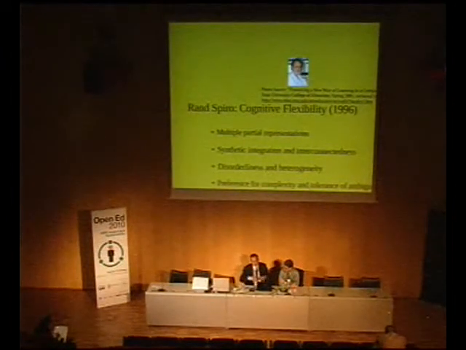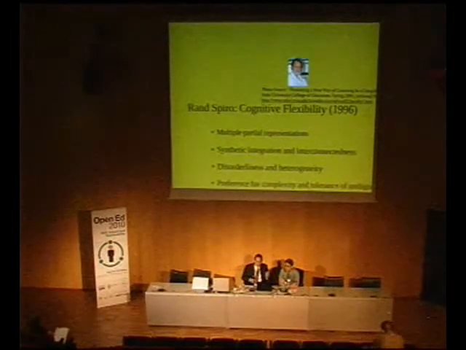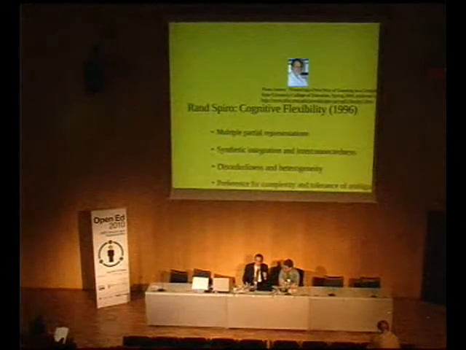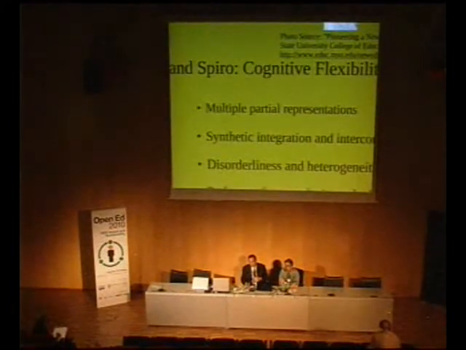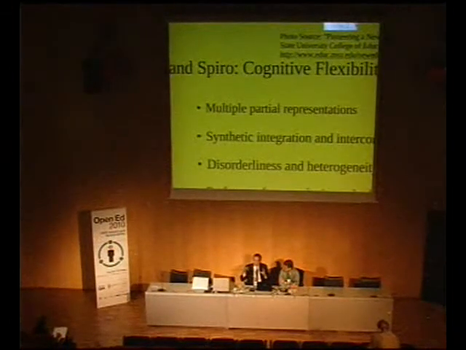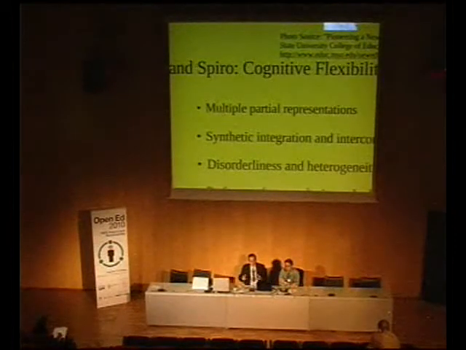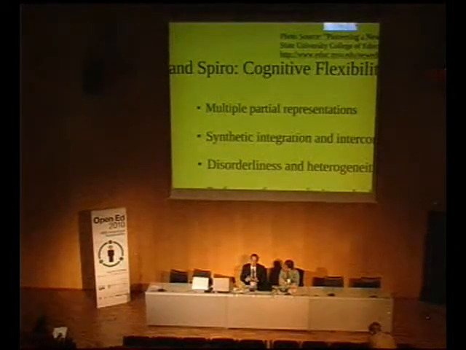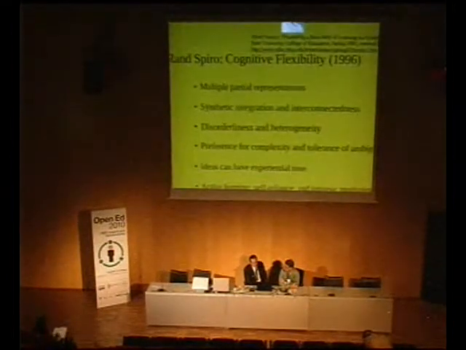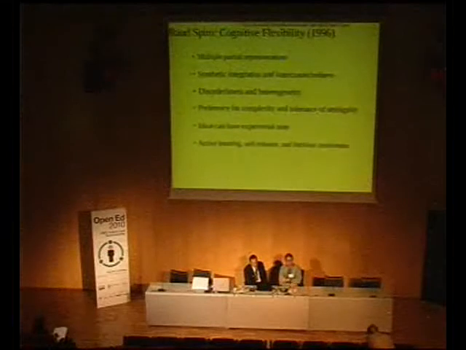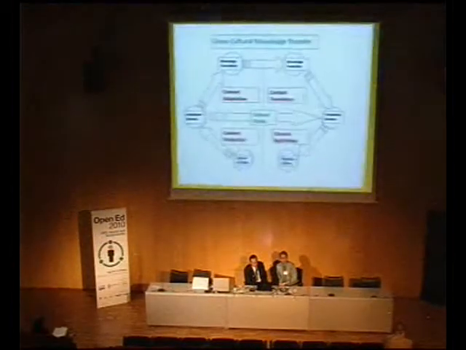So as we elaborate this model, we're going to take these concepts that Rand Spiro created of cognitive flexibility, that is, thinkers who are able to think in what he calls ill-structured domains. They're able to take knowledge that is not proper to a domain and reassemble it within a new, ill-structured domain, and make application within that domain. And these are some of the areas that Rand Spiro identifies as marking cognitive flexibility.